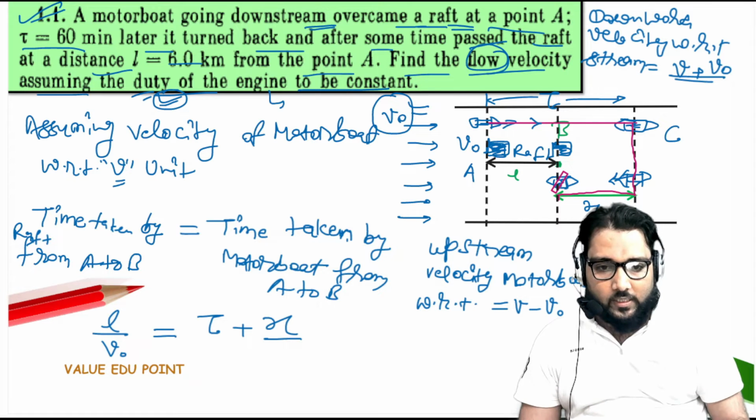So here the distance is x and the velocity, the relative velocity, is v minus v naught. Now we have to calculate x. This is our equation number one.